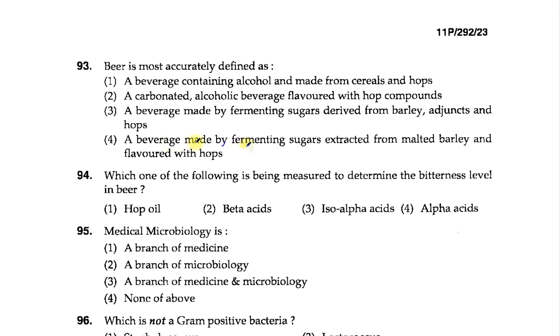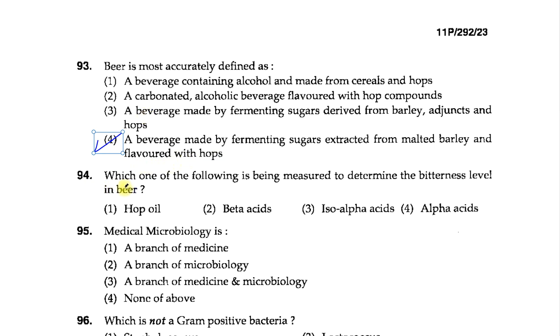A beverage made by fermenting sugars extracted from malted barley and flavored with hops. So here the correct option is option 4. A beverage made by fermenting sugars. These sugars are extracted from the malted barley and are flavored with the hops.